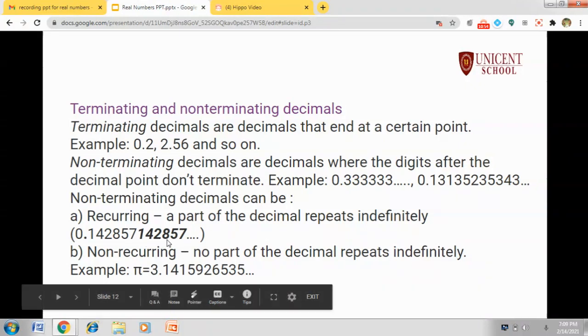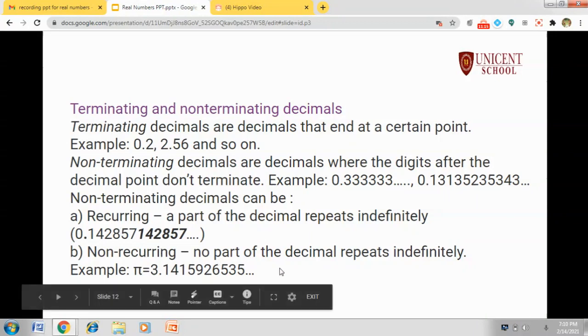Again, 142857. The next part also will be 142857. In this way, this part, 142857, will be repeating indefinitely, coming again and again. This is called recurring.